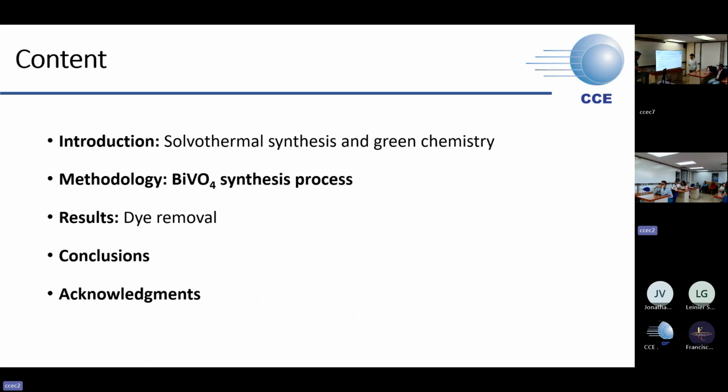This is more or less the content I'm going to talk about. Instead of microwave radiation, I'm going to talk about the solvothermal synthesis process, again about green chemistry, the synthesis process of the bismuth vanadate, and the results and conclusions.